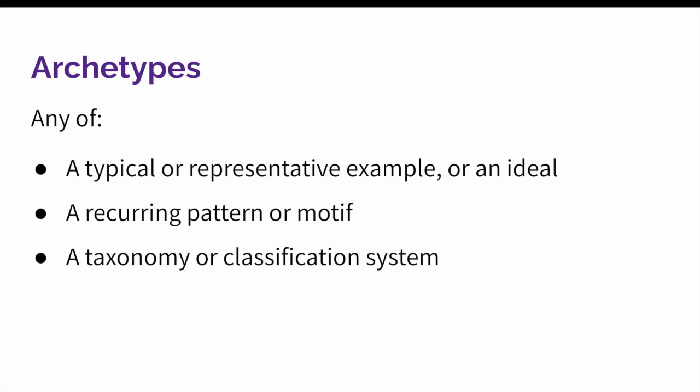An archetype heuristic is when you have a typical or ideal example of something that you are trying to capture, or a recurring pattern, or a classification system where you take all of a certain set of things, let's say players, because that's what we're talking about, and you try to develop a system where you can classify and organize any given individual from the set and put them into one of your categories, so that you can approach it in a useful, if simplified, way, to help you conceptualize and keep yourself organized on that level.